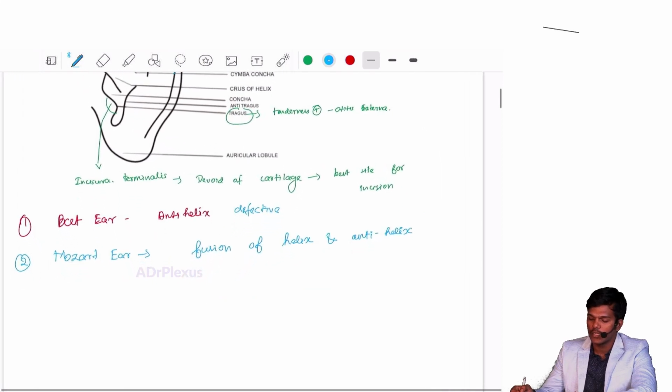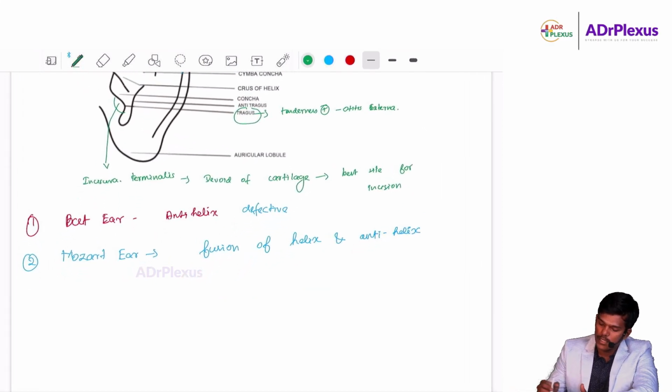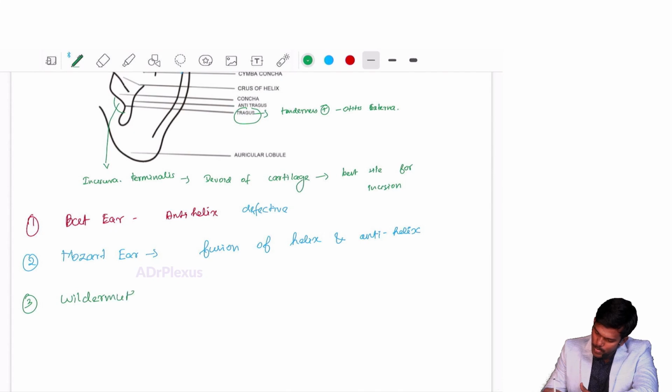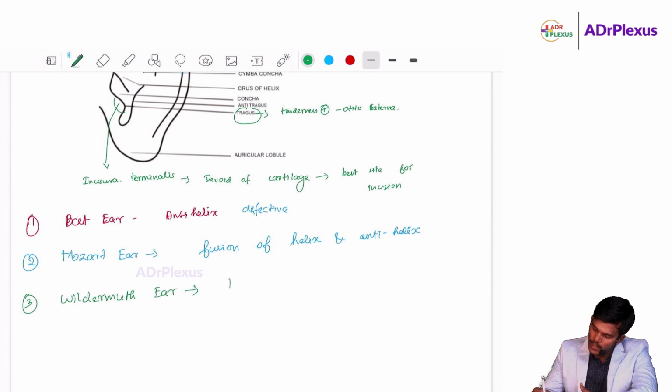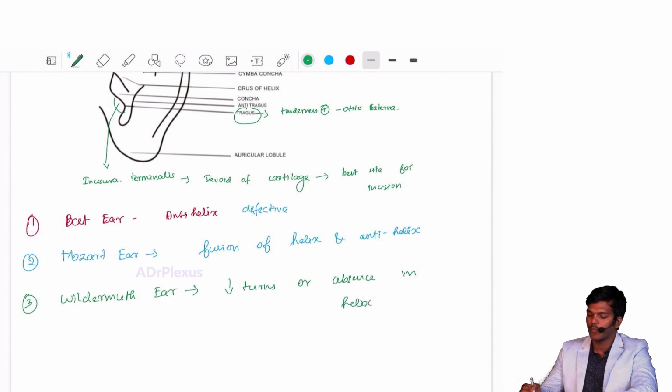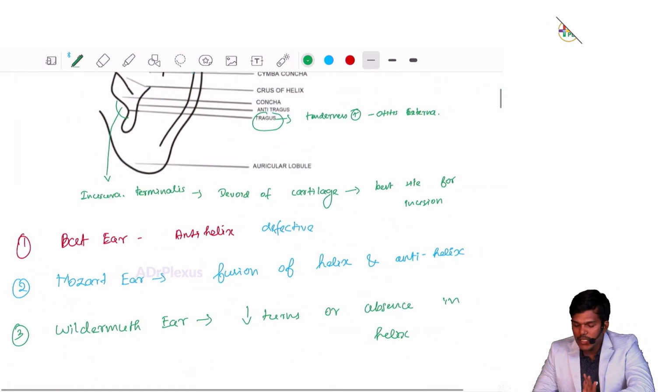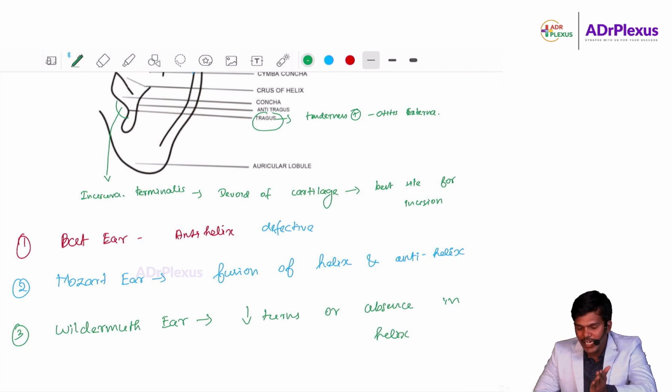Another one is called Wildermuth ear. In Wildermuth ear, there will be reduced turns or absent turns in helix. Okay. So if antihelix is defective, it is bat ear. Fusion of helix and antihelix, it is Mozart ear. Reduced turns or absence of turns, it is Wildermuth ear.